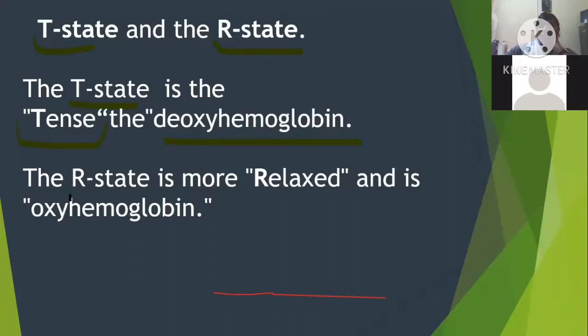Whereas R state is the relaxed state, and this is the oxygenated hemoglobin. Oxyhemoglobin is the R state or the relaxed state, whereas deoxyhemoglobin is the T state or the tense state. These are the two forms in which the hemoglobin exists.